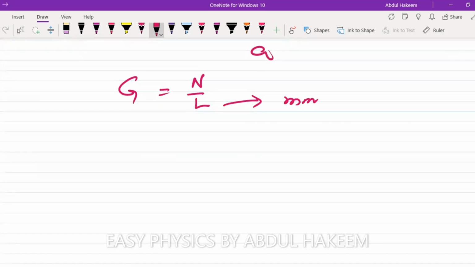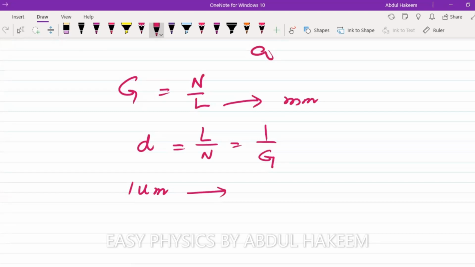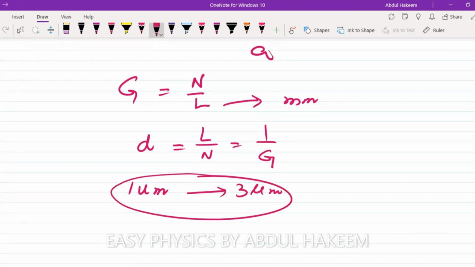And the gap between two engraved lines is called the grating spacing d, that is L divided by N, or you can write 1 divided by G, and usually it is from 1 micrometer to 3 micrometer. So in diffraction grating, due to smaller grating spacing, the brightness of the bright fringes is greater than the double slit.